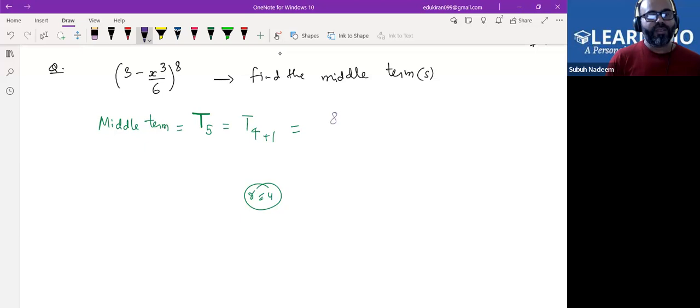You have to simplify this. It is 8C4 and it is 3 to the power 8 minus 4 and then minus x cubed by 6 to the power 4.